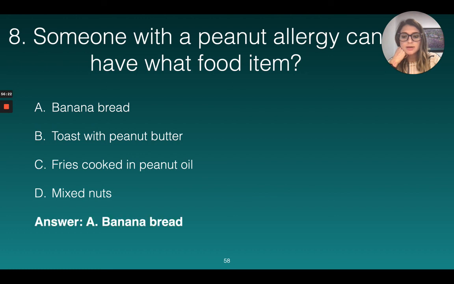The answer is A, banana bread. Although mixed nuts are not technically peanuts, most people who do have a peanut allergy should avoid all types of nuts in general. Any type of nut could potentially cause a reaction.